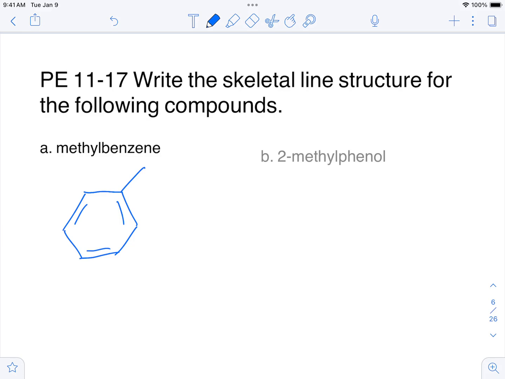B says 2-methylphenol, so I'm still drawing my aromatic ring, but since it's a phenol, I need an OH group off of it, doesn't matter where, and now that's my first carbon, so this is number 1. So I'll just say number 2 is here, and I just need a methyl off of that. And that is my answer.